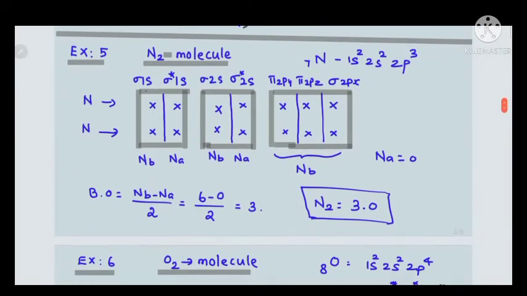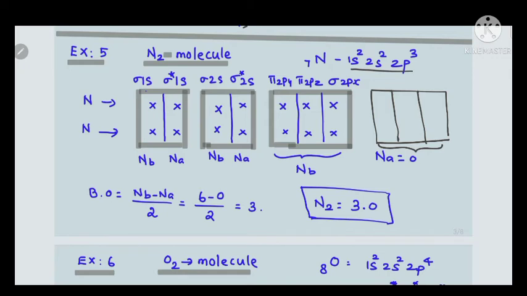The nitrogen atom has atomic number 7, so its electronic configuration is 1s2 2s2 2p3. I have written the electronic configuration and filled the electrons in the molecular orbitals. Even in nitrogen, the anti-bonding orbitals formed by combination of the p orbitals will be empty, so the Na value will be equal to 0.